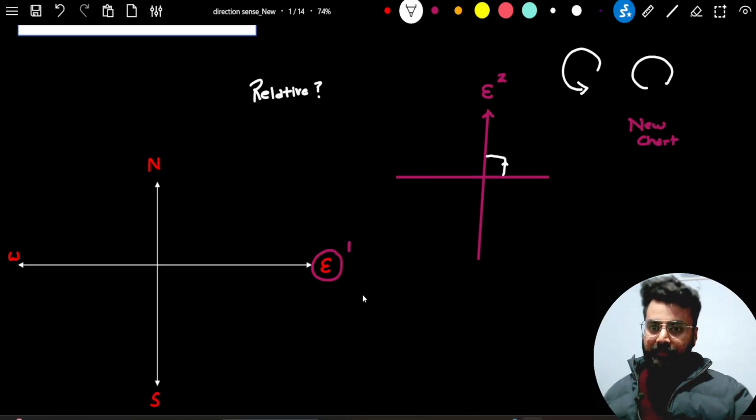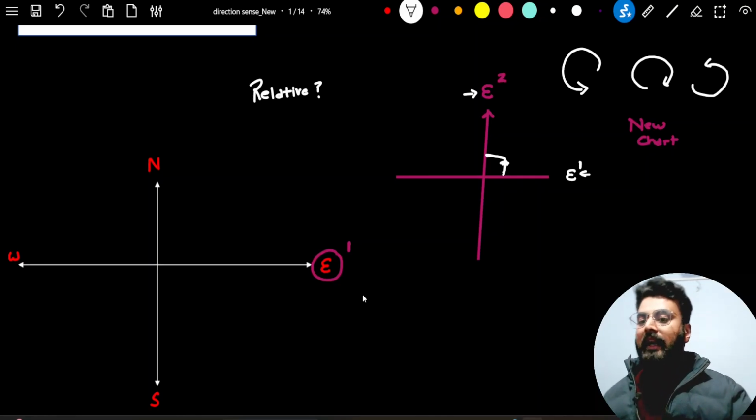This is clockwise and this is anti-clockwise. So when I'm changing the position of east, from this point to this point, I'm shifting the position of east by 90 degrees, and we are moving in the anti-clockwise direction. So what we have understood is that we have changed the position of east by 90 degrees in the anti-clockwise direction.